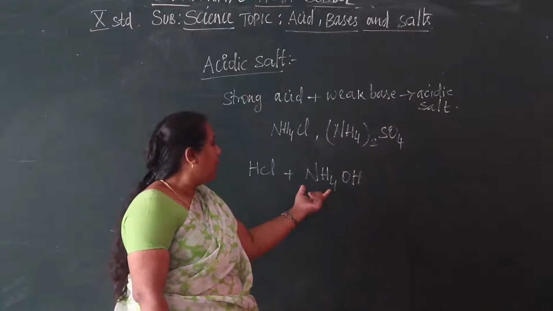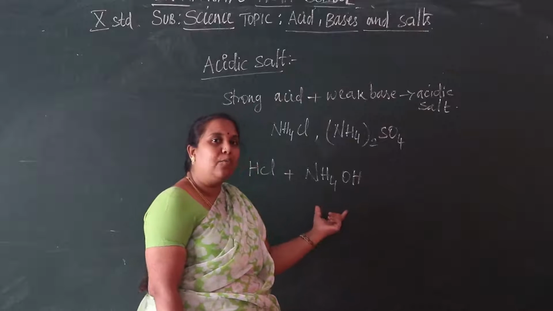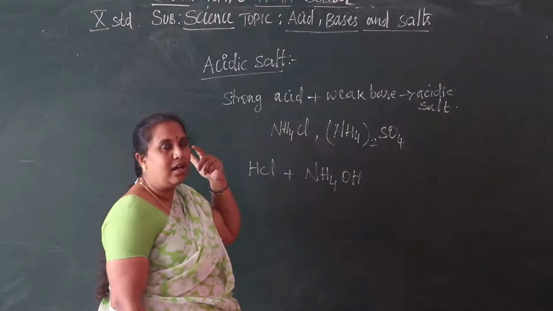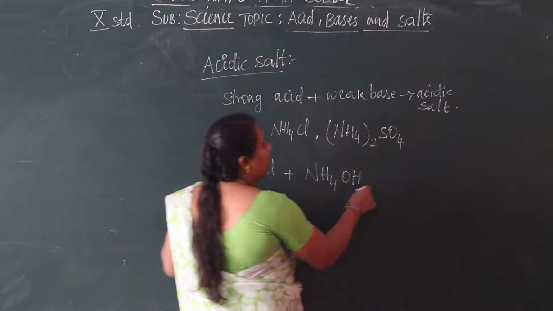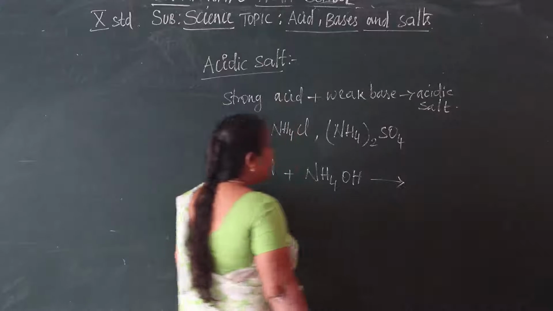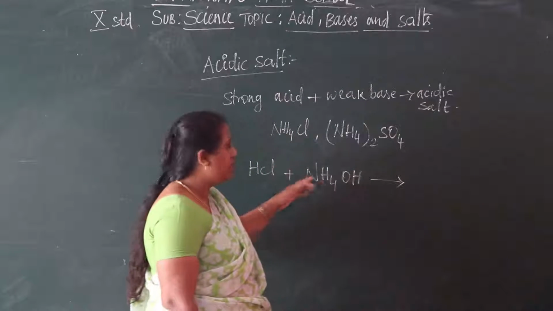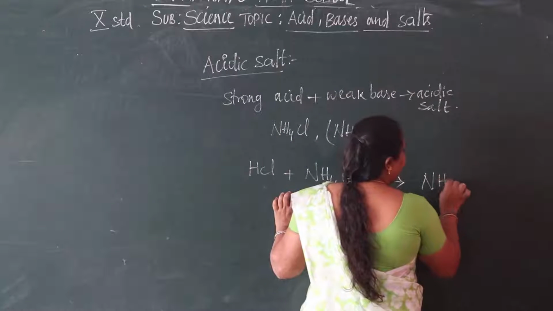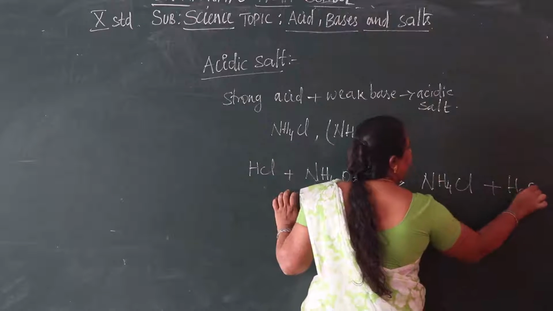Hydrochloric acid is a strong acid and ammonium hydroxide is a weak base. Hydrochloric acid plus ammonium hydroxide, what do we get? Ammonium chloride, NH4Cl, plus water.